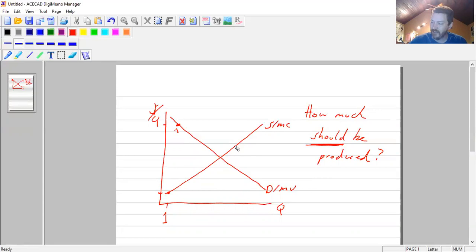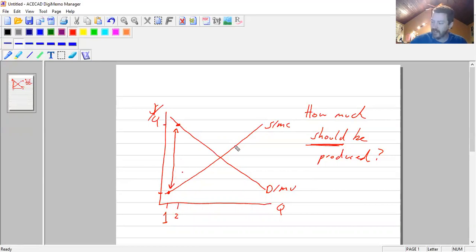This distance between marginal value and marginal cost is what society gains as a result of producing the first unit. This marginal cost is what society gives up. Society is better off by this amount as a result of this market existing and producing the first unit. This is total surplus, just the sum of consumer and producer surplus for the first unit.